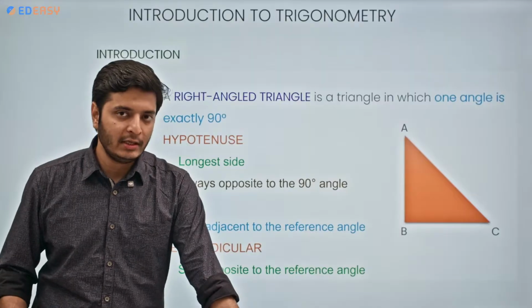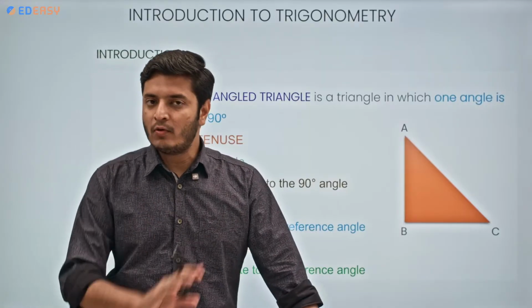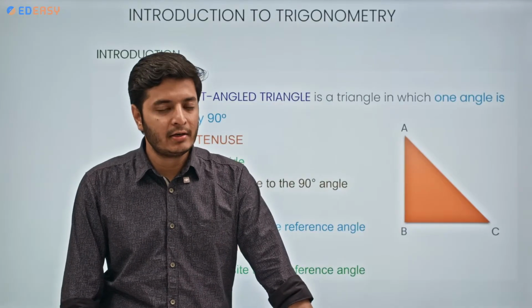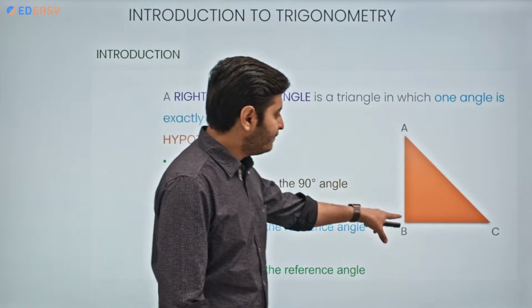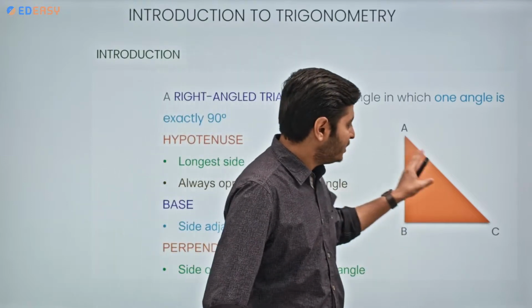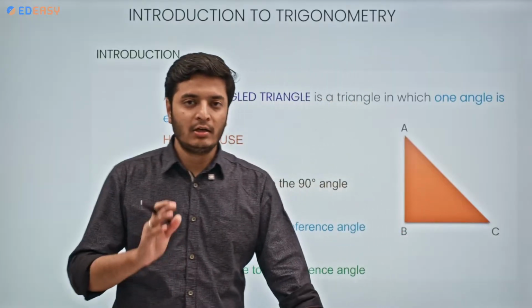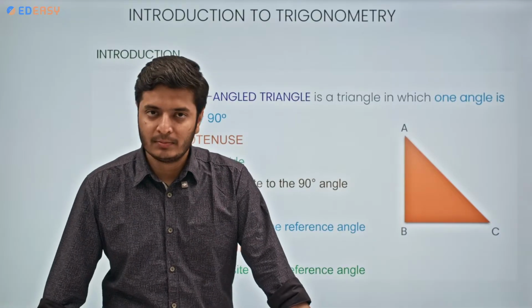According to the angle sum property, we know one fact, that the sum of all the angles inside a triangle will always be equal to 180 degrees. If one of the angles is exactly 90 degrees, can there be any other angle which can be equal to or greater than 90? No, it is not possible.